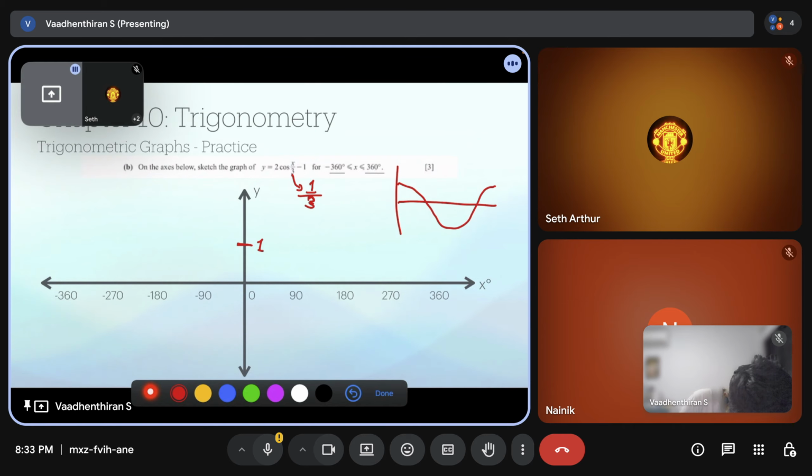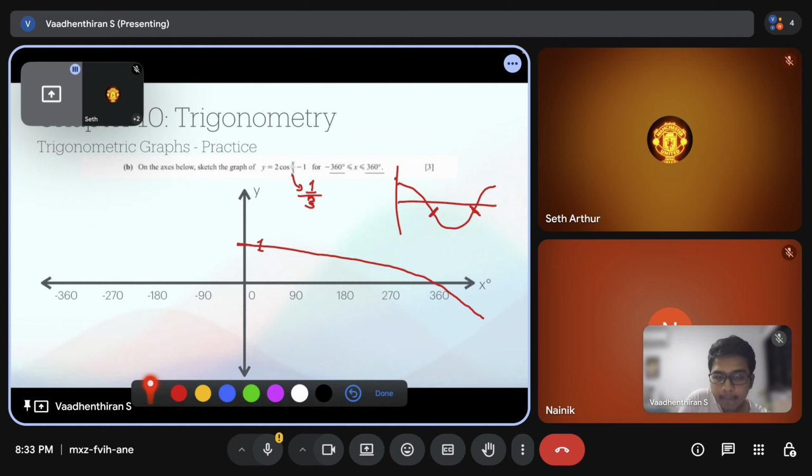So three parts, you divide it equally, and roughly sketch this one third. It will be going and then touching, but you won't draw the rest of the parts. Only this part is needed for this graph.